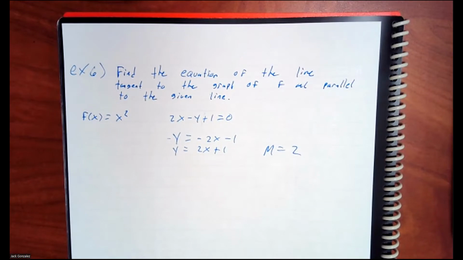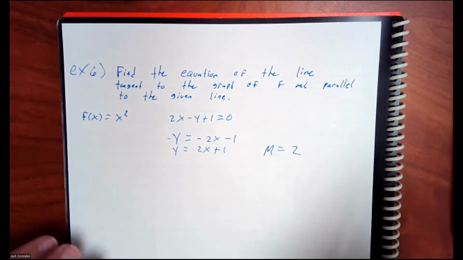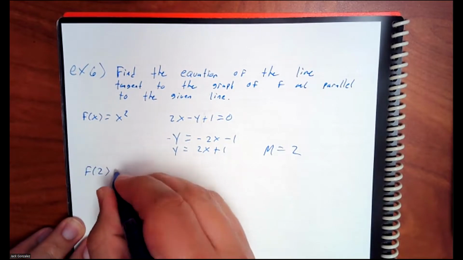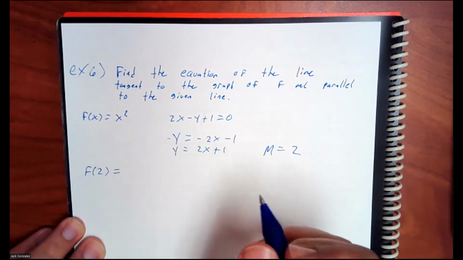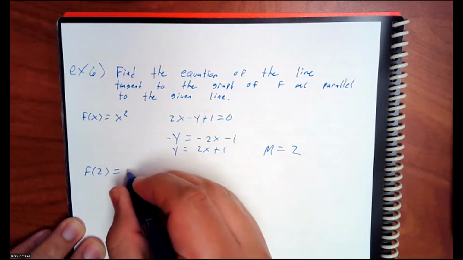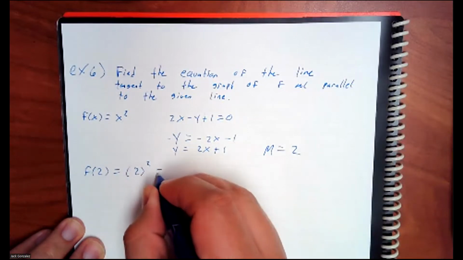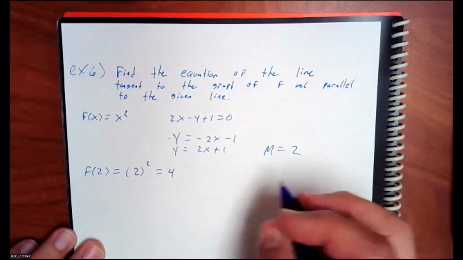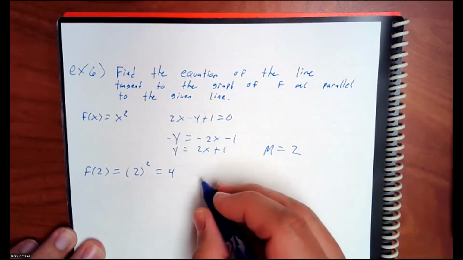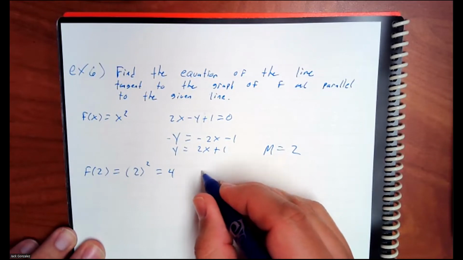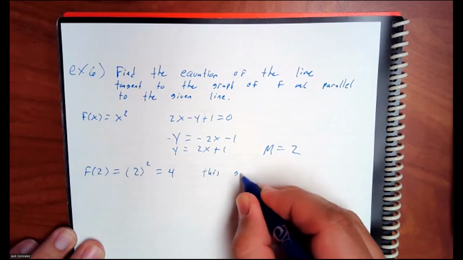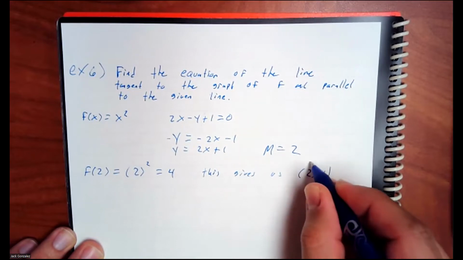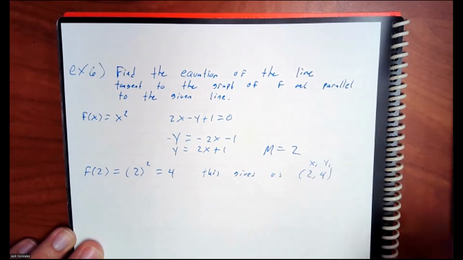All right, so if I plug that 2 into f, I will have the point that I need to find the tangent line. So this gives us (2, 4), x1, y1.